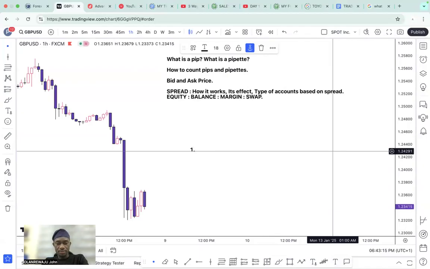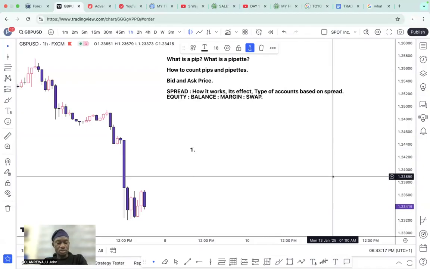This is the point. In mathematics, it is called the decimal place. Let's say we have 3 after the point. That first 3 is called the first decimal place, followed by 7, the second decimal place. Let's say followed by 6, that 6 will be the third decimal place because that's the third number after the decimal point.